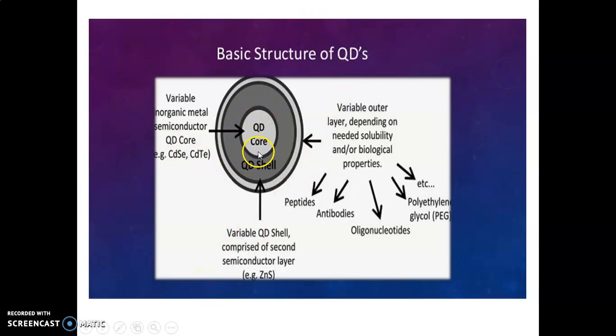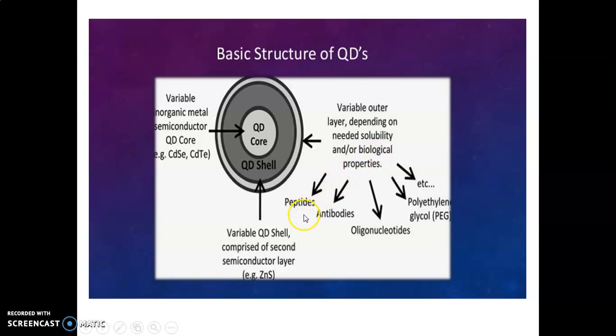Here the quantum dot core will be available, then the outer layer is the quantum dot shell. The quantum dot core is a variable inorganic semiconductor material, so cadmium, selenium, tellurium is available. Then the quantum dot shell is comprised of a second semiconductor layer, that is nothing but zinc sulfide.